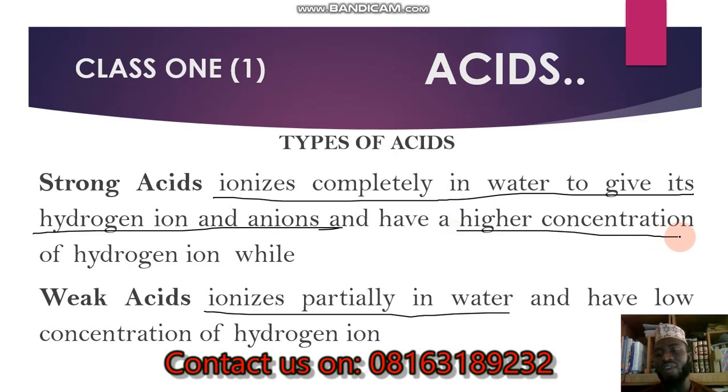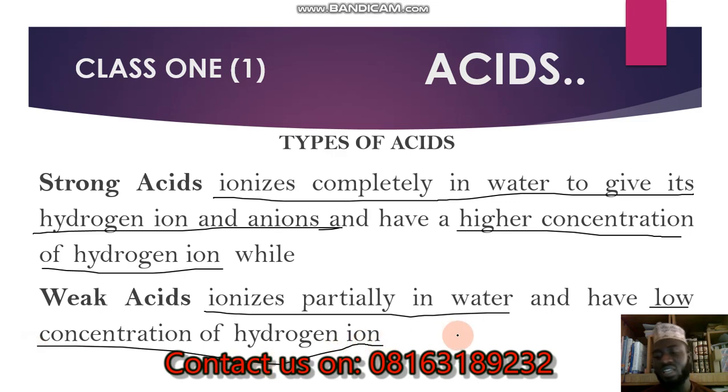For instance, you might be asked which of the following acids has a high concentration of hydrogen ion, and the answer is strong acids, because they ionize completely in water. Weak acids have a low concentration of hydrogen ion because they partially ionize in water.